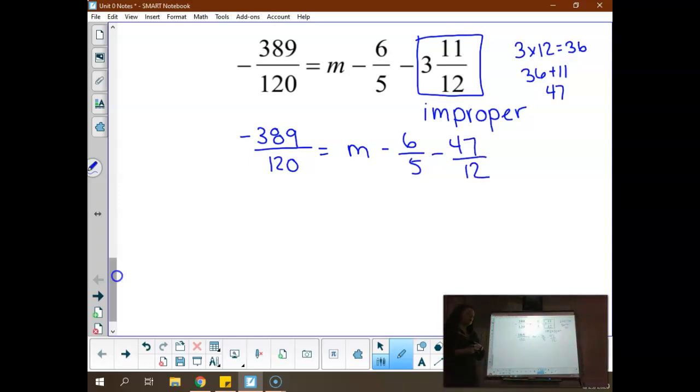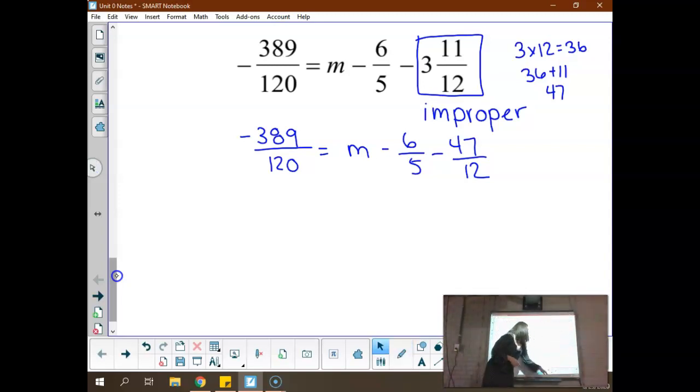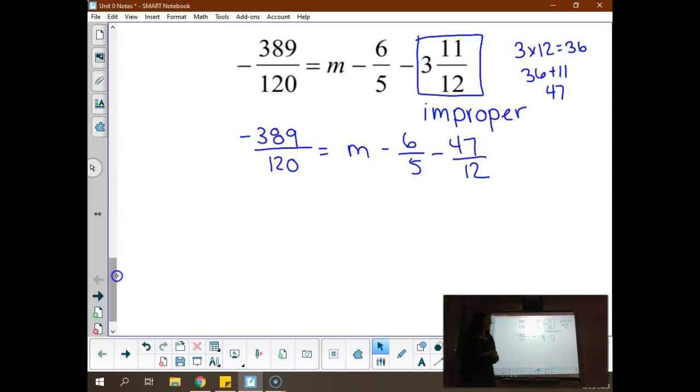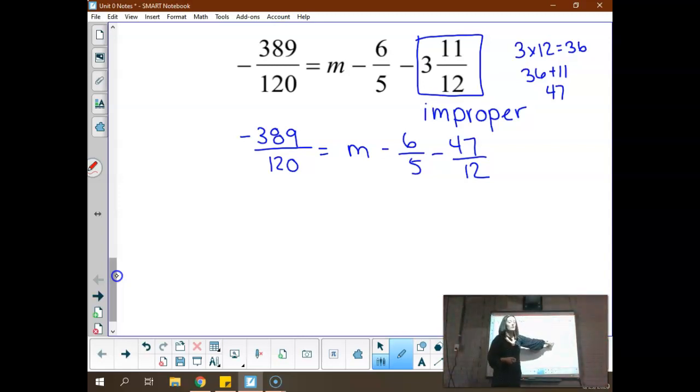Now notice I did not say combine like terms first. The reason for this is we are going to look for a number that is going to, number 1, get rid of all of our fractions, but number 2, make our lives a little easier. So I'm going to get rid of this 120 because 120 is divisible by 5 and it's divisible by 12.